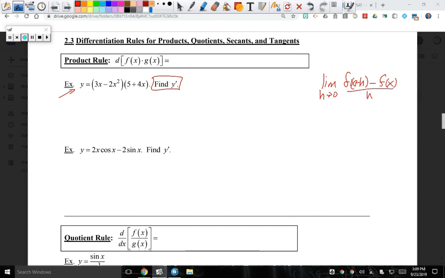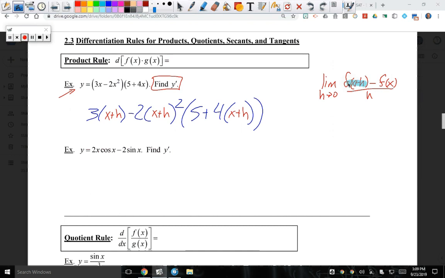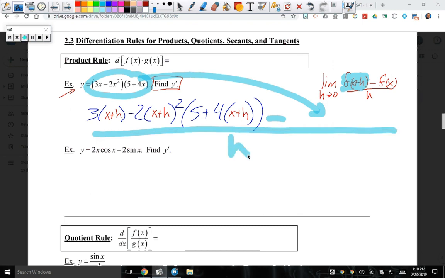But if we were doing it that way, we would look at this equation and say this is x plus h, x plus h, x plus h, and all this that we just did would just be this piece right here. We would still have to subtract f of x, put it all over h, and approach 0. And that would be a nightmare.